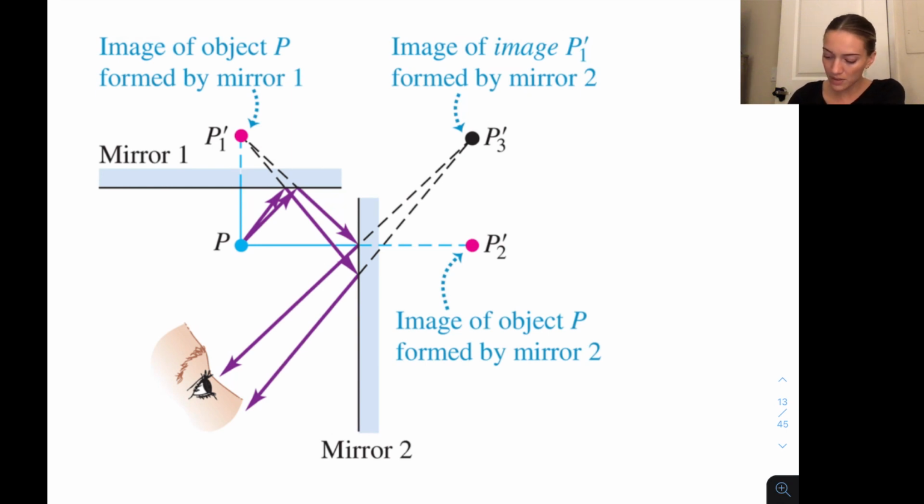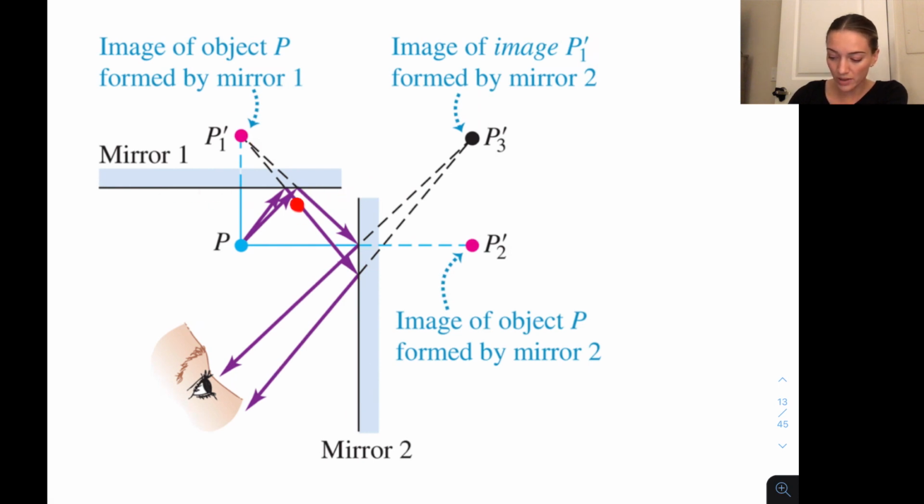let's say we have some object at point P here. Now these rays then go to this first mirror here, right? And then they're reflected off this mirror, and now they go to mirror 2. But mirror 2 thinks that the object is actually back here. So the object for mirror 2 here is really the image in mirror 1.